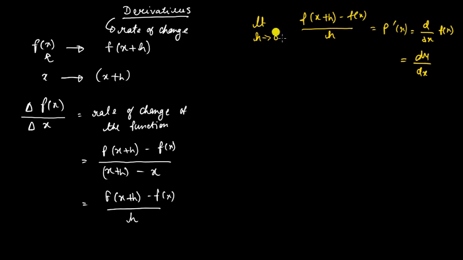For a change of the variable, and that change has to be as small as possible, how much the function is changing, at what rate the function is changing, that is what we are trying to understand in this chapter.